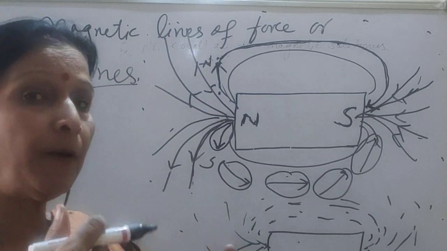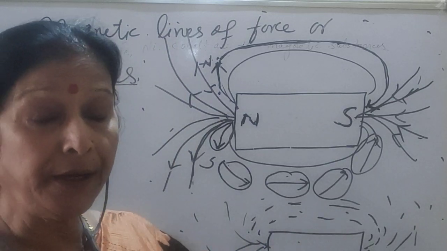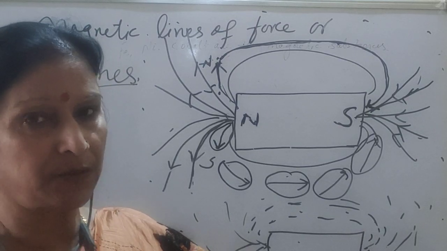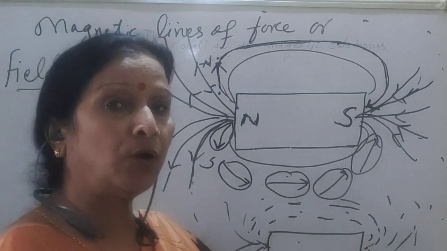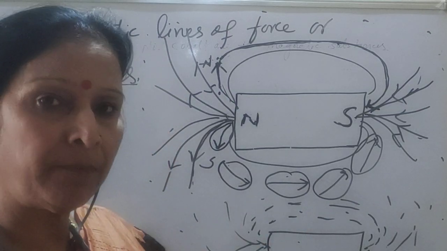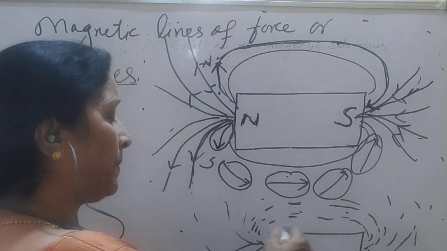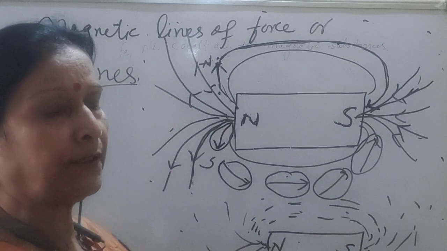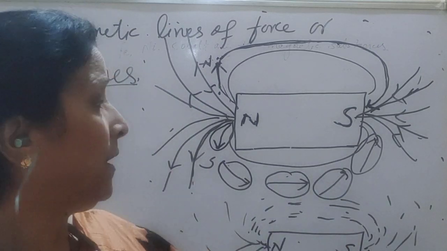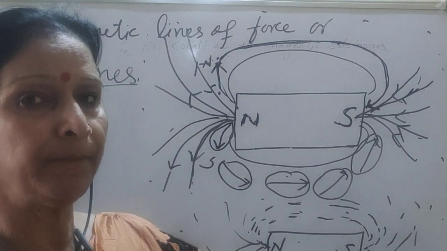So by the process of magnetic induction, this magnet induces magnetic property in the iron filings, and they also start behaving like a magnet, and so they get arranged along this curved path due to the north and south pole of the magnet, and we will get the same thing, the magnetic lines of force around this magnet.